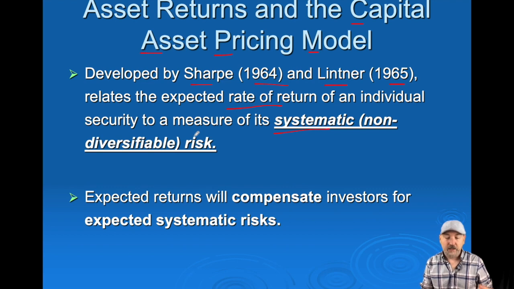The idea being that the level of returns that you can expect to earn should be compensating you for the level of systematic risk that you are taking on by purchasing that asset. So what the model comes down to is defining a way to measure that idea of systematic risk. And once you have that measure, that's going to predict the level of returns. Okay?